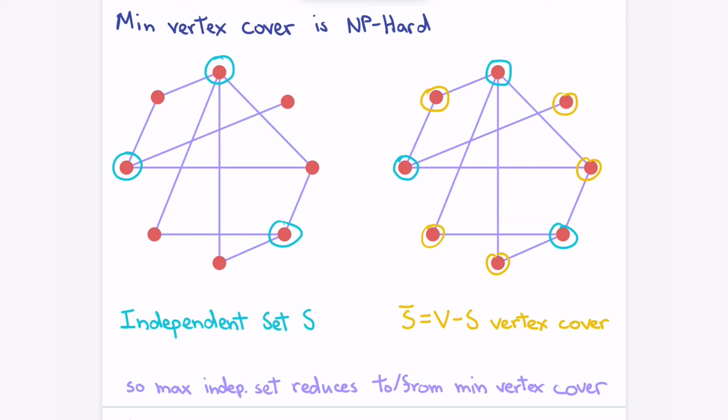So you'll always leave one endpoint out. So this is complementary. For any vertex cover, you take the opposite vertices, that'll be independent. For any independent set, take the opposite vertices, you'll get a vertex cover. So maximizing the independent set by just taking the opposite vertices is the same as minimizing the vertex cover. So that one turned out to be NP hard just from flipping the vertices over.